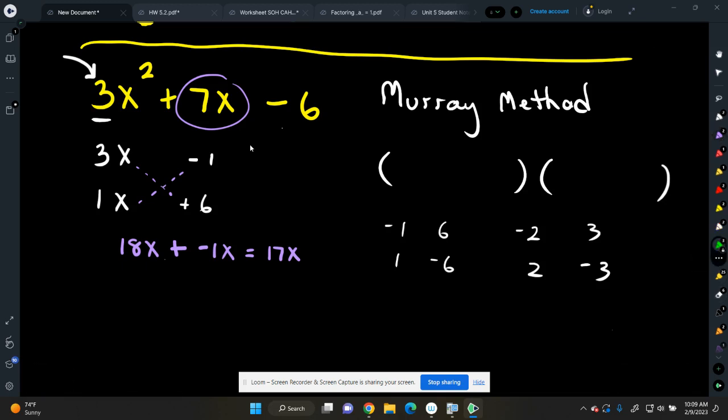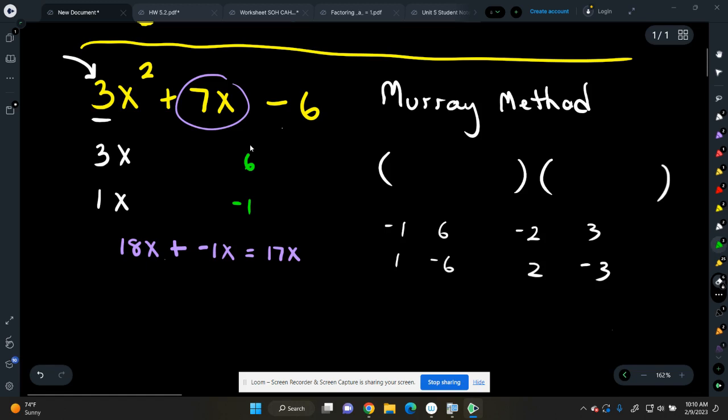Let's try, first, before I switch numbers, I'm going to switch the position. I'm going to put a 6 and a negative 1 there, and I'm going to try it again. Okay? So before I abandon the negative 1 and 6, I'm going to switch where they're located.